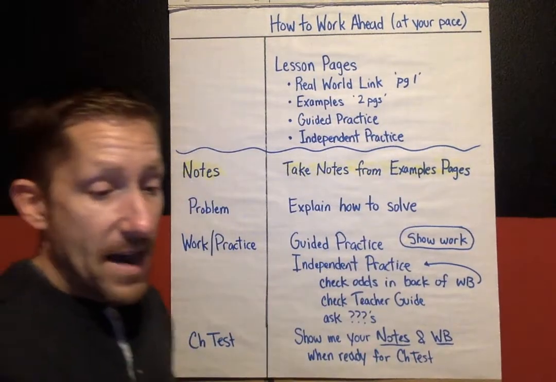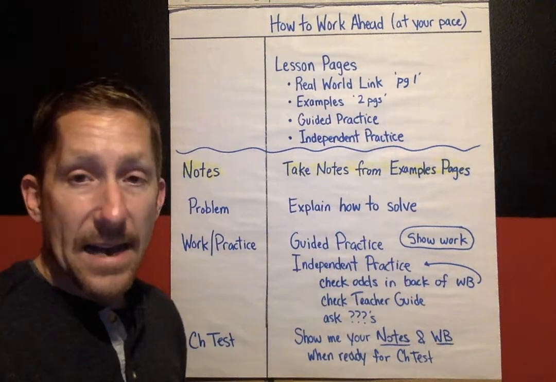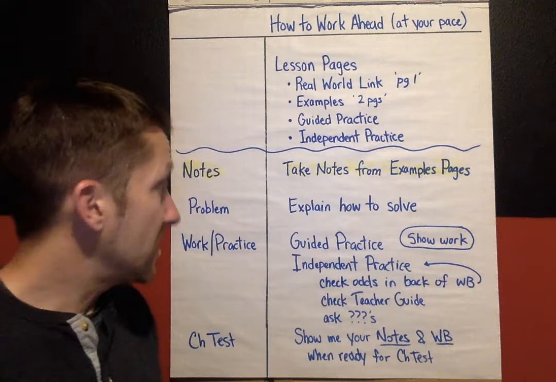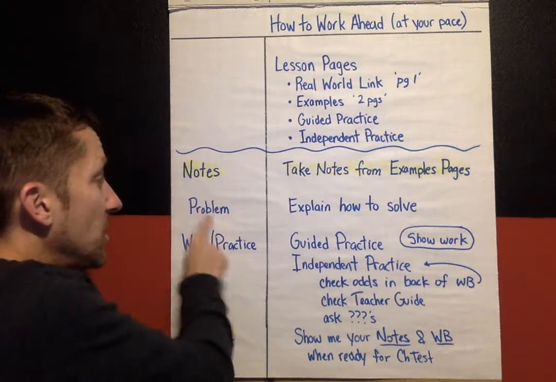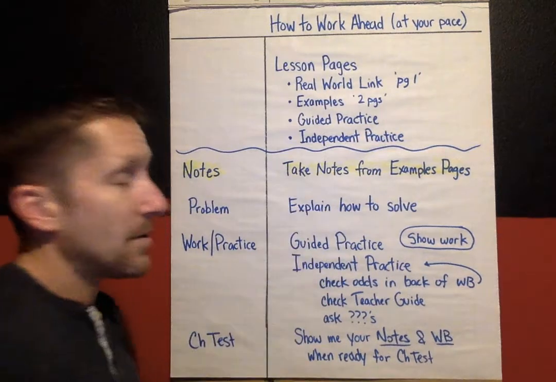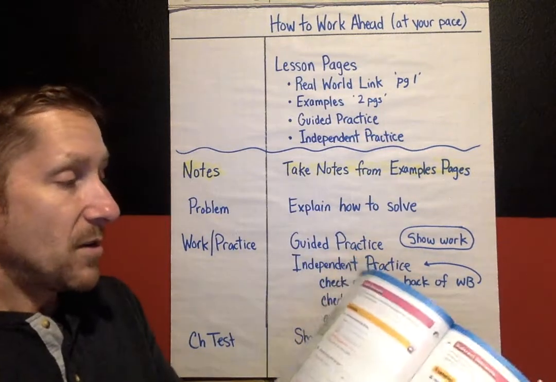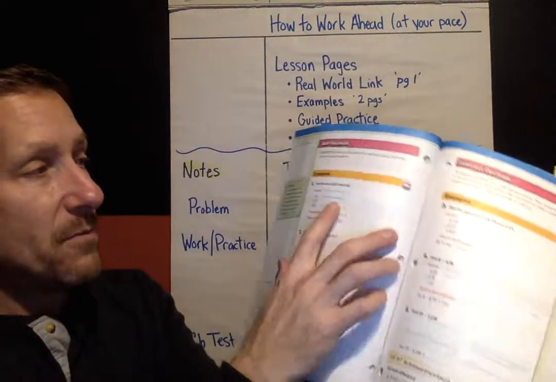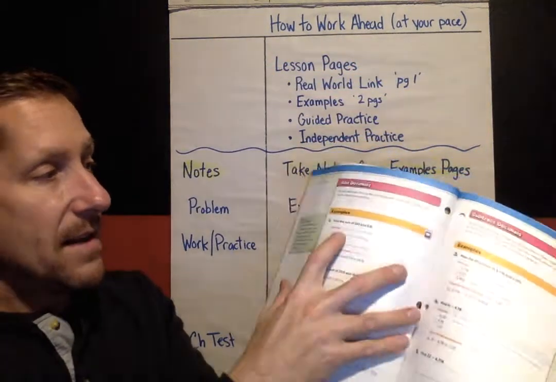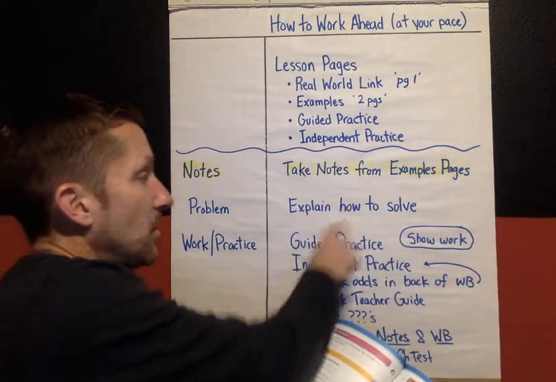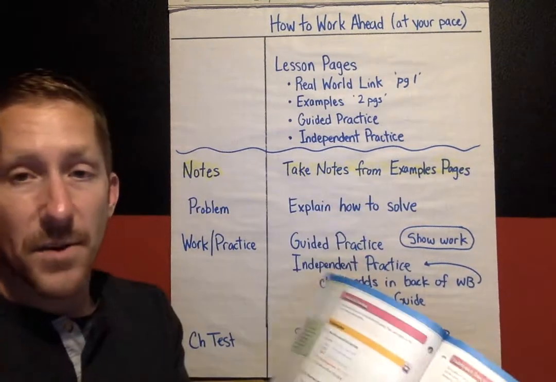In fact, when I am making my lessons, I am basically taking examples from the example pages. You would write down an example problem and then explain how to solve it over here. If I go back to my examples pages for this lesson, I would be writing down an example right here, an example problem, and then explaining how to solve it over here on the notes part.